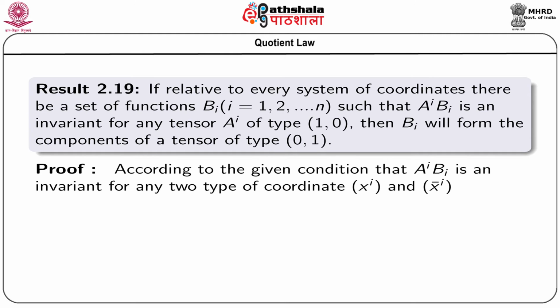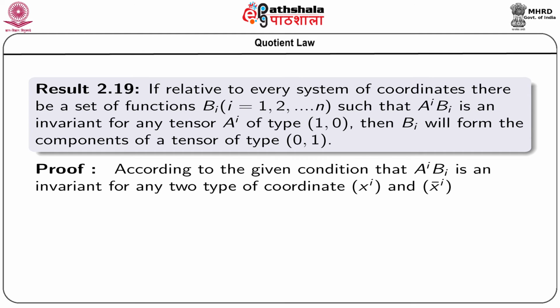A^i is known, that is, it is a tensor of type 1, 0 or a contravariant vector, and it is also given that A^i B_i is an invariant. We have to find the nature of B_i, and we shall prove that it is the components of a tensor of type 0, 1 or a covariant vector.